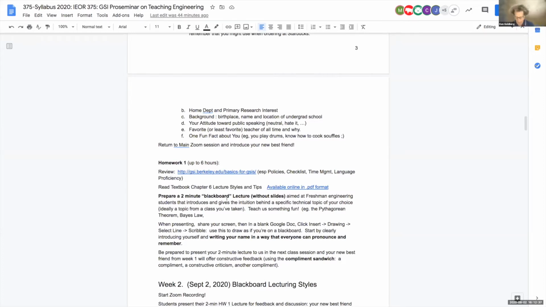The reason for this is I want to get some sense of how you present without relying on the slides. So the option I think is easiest is that in a blank Google Doc, you just open one up, click Insert Drawing, and then select Line, Scribble.